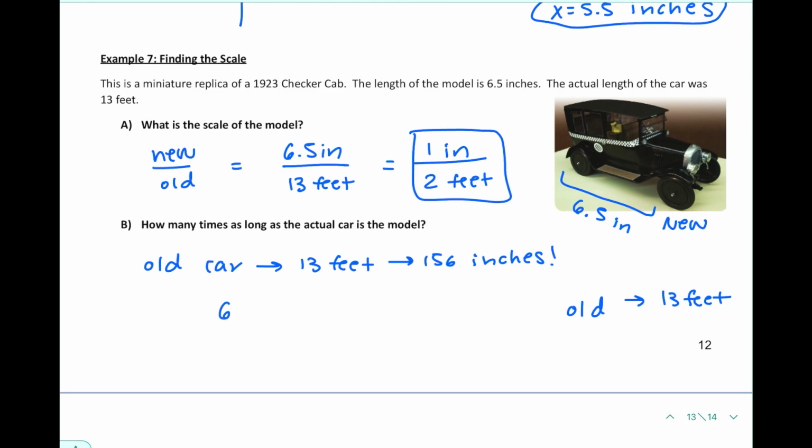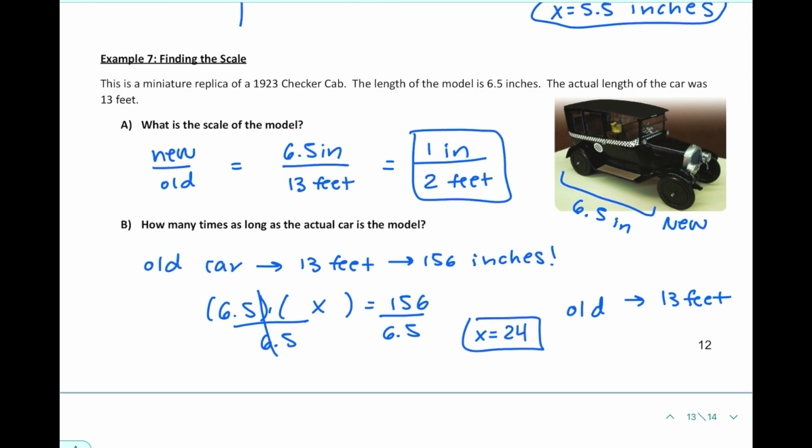So basically what happened was the car that was 6.5 inches was multiplied by something to get 156 inches, and we can solve for that something by dividing both sides by 6.5. So x equals 156 divided by 6.5, which would be 24. So the big car is 24 times as big as the small car.